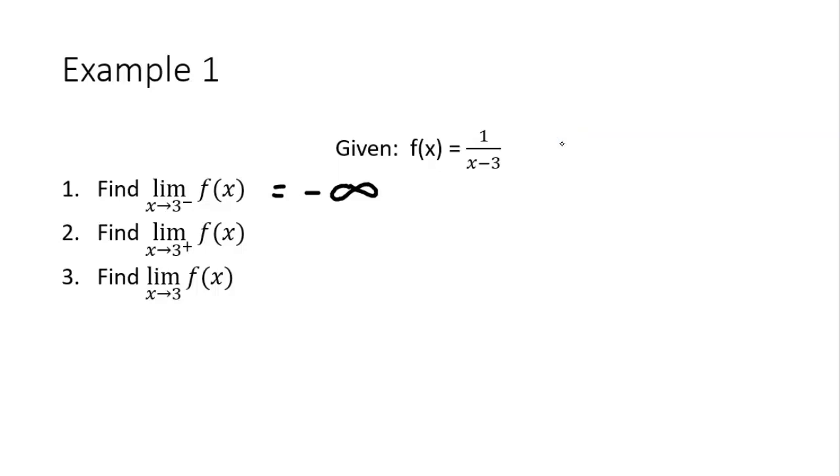Okay? Now, on the right, let's see what happens. Now, notice this time it's plus. So that means I want to plug in numbers that are bigger than 3. So what that means then is I'm going to plug in some value for x that is more than 3, or to the right of it, in other words.